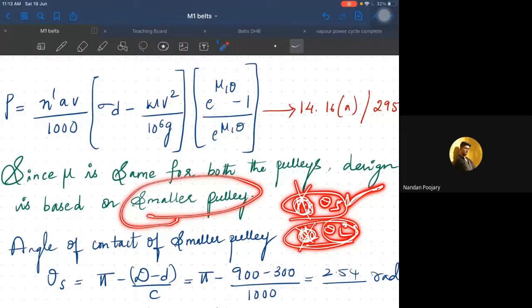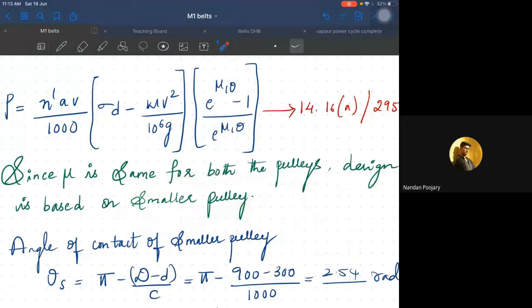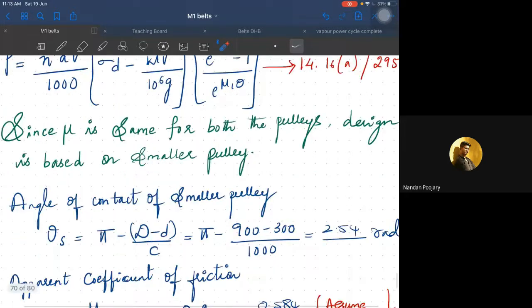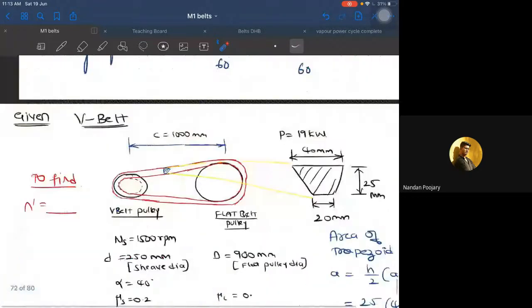If mu is not same, what is the actual procedure that you have to follow? Nitish? Now mu is not same in my case. Definitely I know. So here it is mu1, here it is mu. So what is the actual procedure that I have to follow? Nitish?